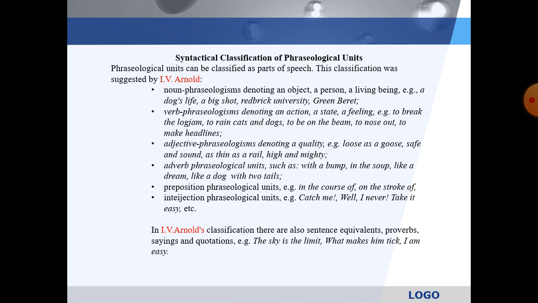That is, verbal word groups are transformed into a sentence when the verb is used in the passive voice. Phraseological units include interjectional word groups. Communicative phraseological units are represented by proverbs and sayings. These 4 classes are divided into subgroups according to the type of structure of the phraseological units.